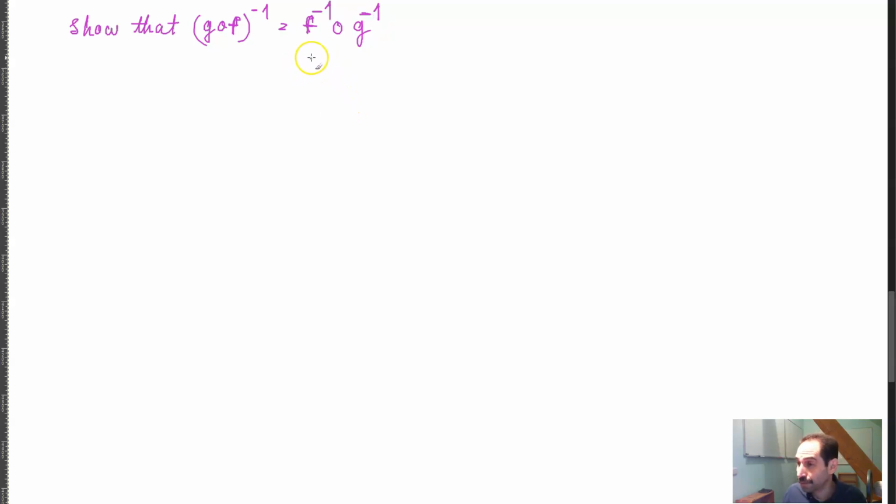Now (g∘f) inverse is the function that we defined, and we showed that (g∘f) inverse was actually the inverse of g∘f.